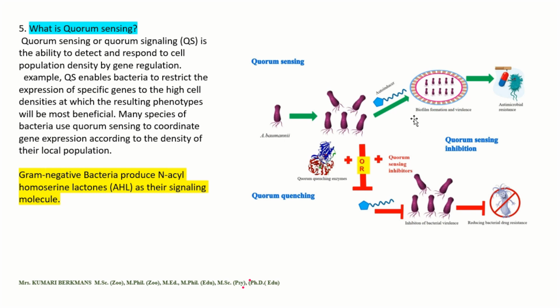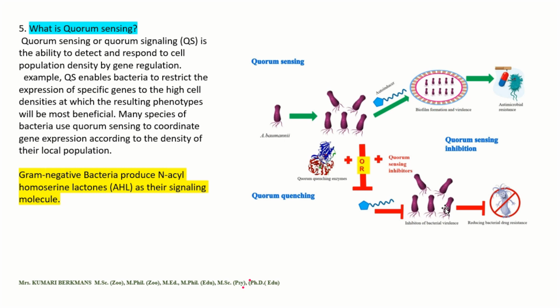So this will be suppressed or inhibited by the quorum sensing inhibitors released by the body, or from the medicine the person is taking. The proliferation of the bacteria will be inhibited.